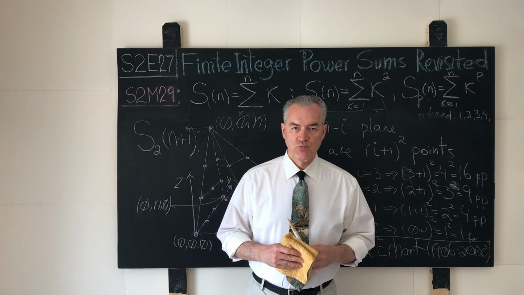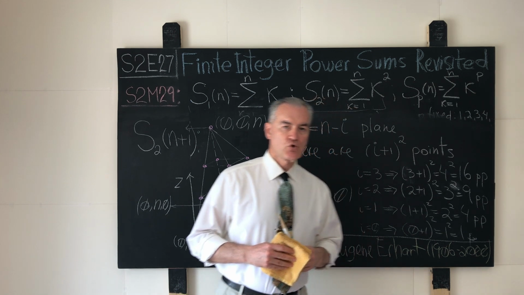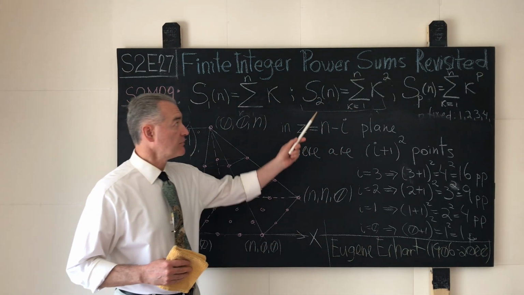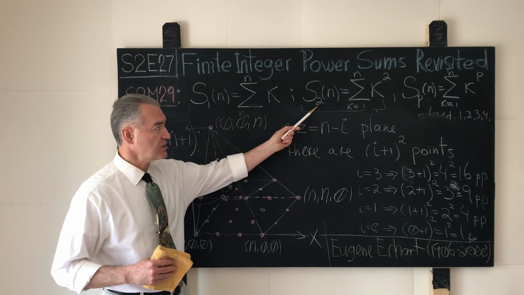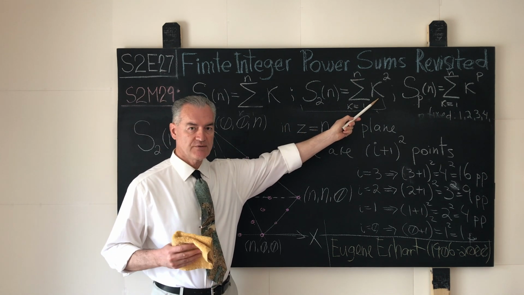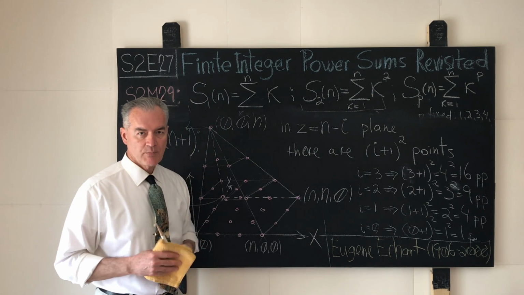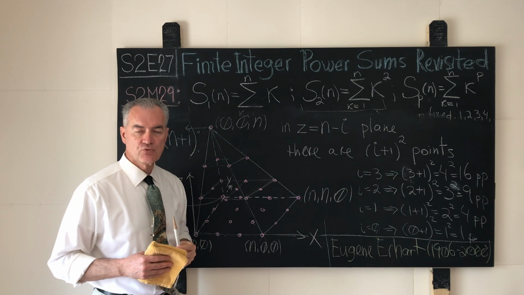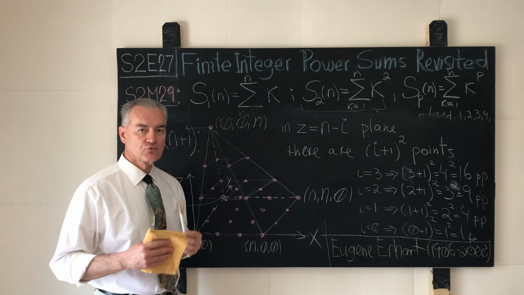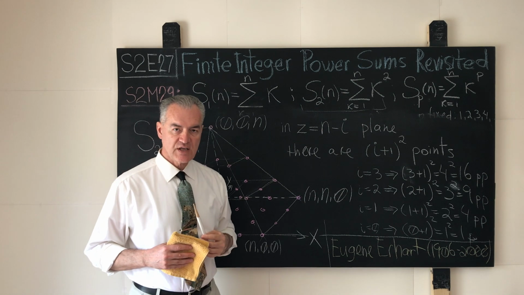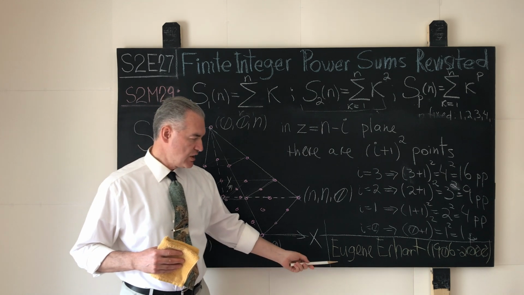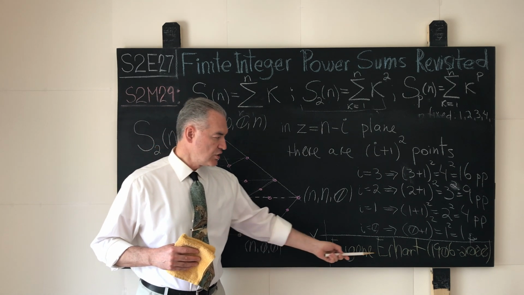While it is possible to put several geometric interpretations on the sum S2 shown over here, the sum of squares of the first n consecutive positive whole numbers, one geometric interpretation of that sum that proved to be mathematically fruitful is associated with the name of the French mathematician shown over here, Eugene Ehrhart.